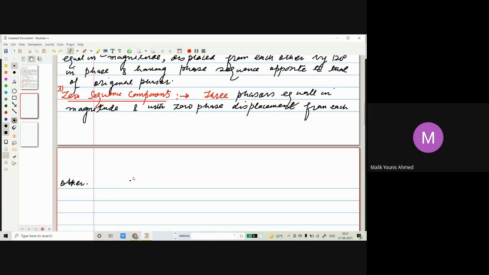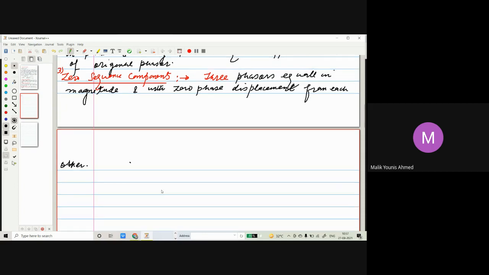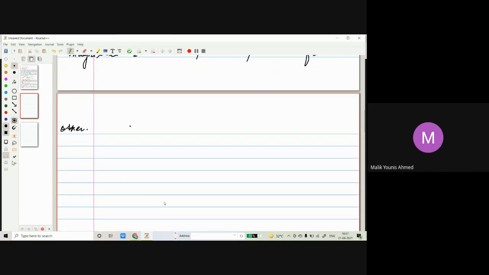So what is the zero sequence component? The phasors are three, all equal in magnitude. But in this case, there is no phase displacement at all. So these are the three.